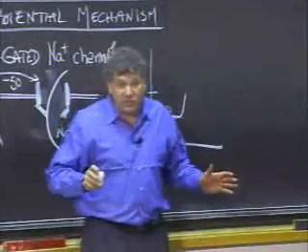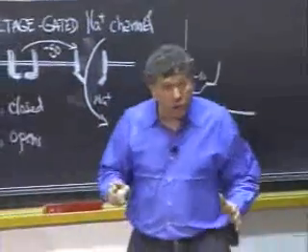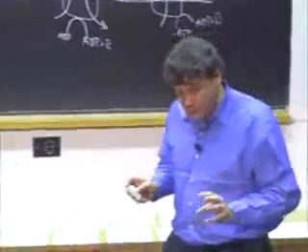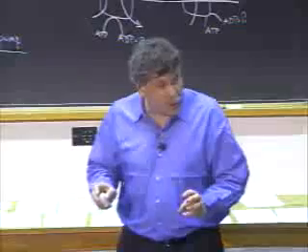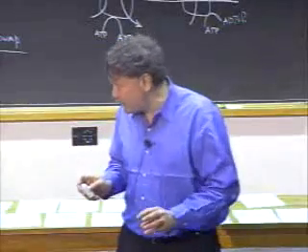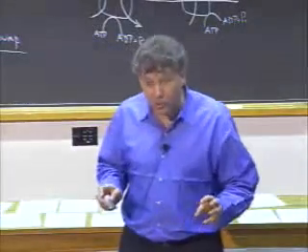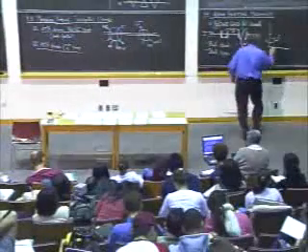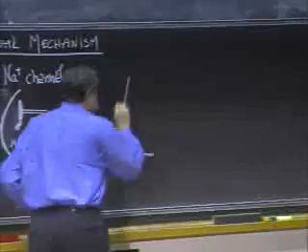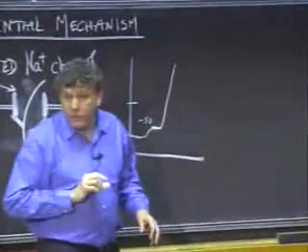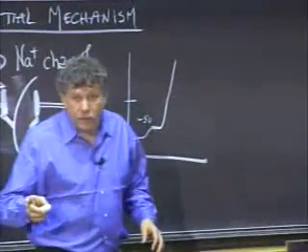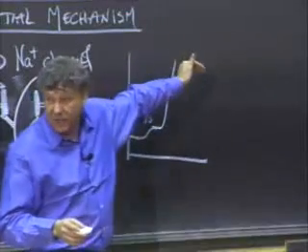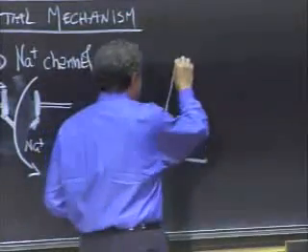Does it stop at 0? No, because even as the cell becomes positive in the interior, sodium still wants to keep coming in because of its concentration gradient. It now has to do some work against the electrical gradient that's set up, but it keeps going and going. Does it go on forever? No, because eventually it reaches a point where the electrical gradient, positive now inside the cell, offsets the concentration gradient, and it'll stop.